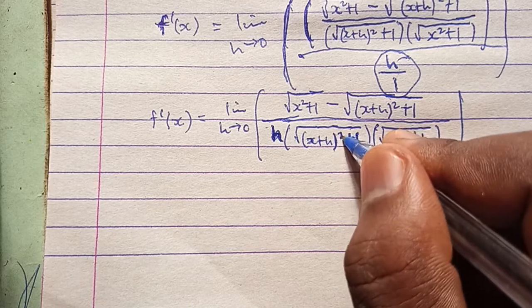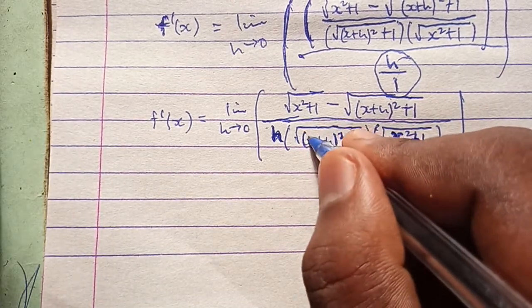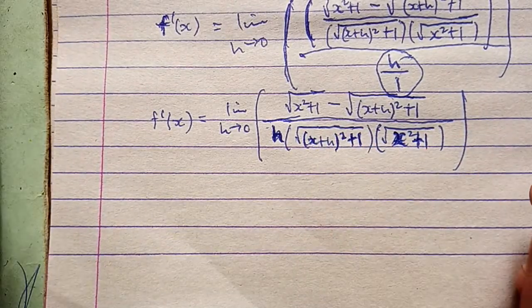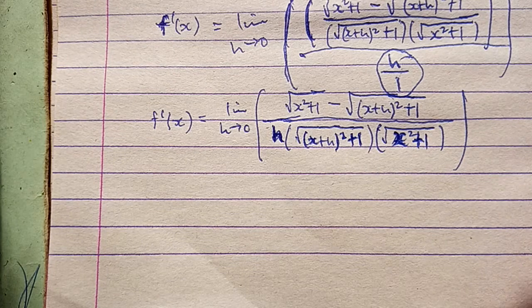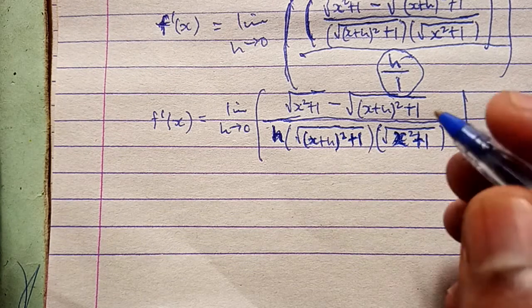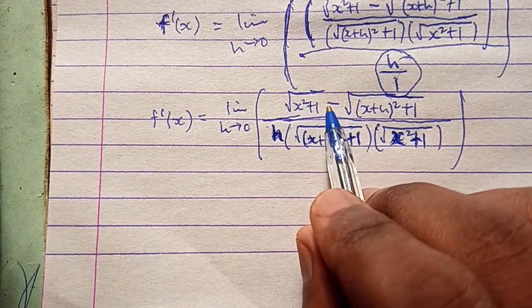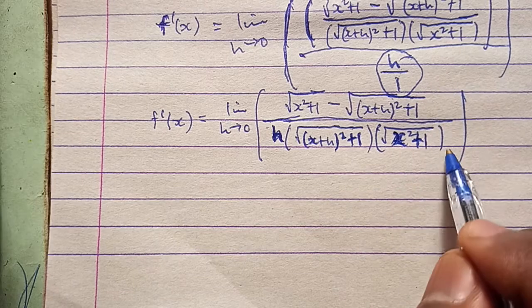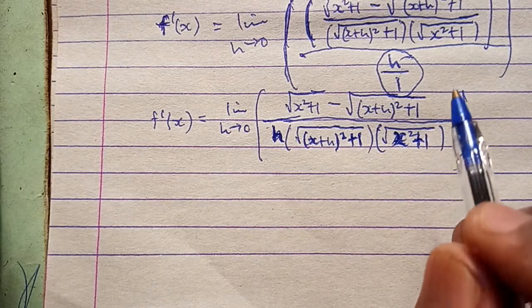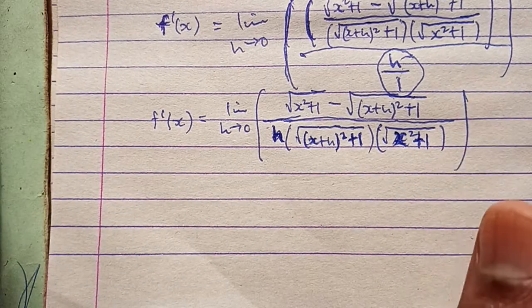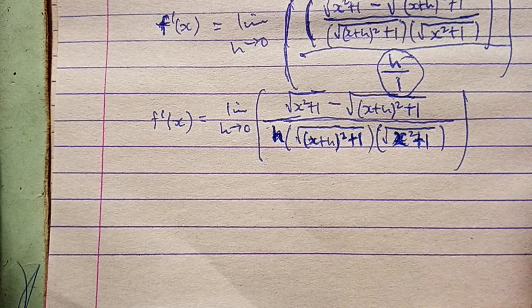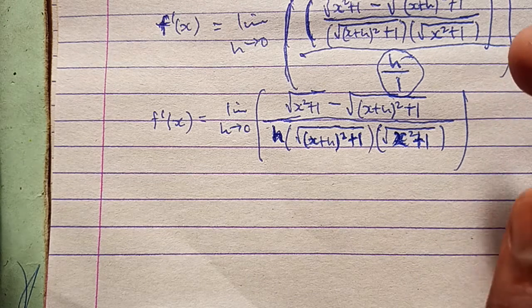So conjugate is always associated with addition or subtraction of radical functions or numbers. So what we will do is quickly find the conjugate of this one and multiply by both the numerator and the denominator. I'm sorry that I couldn't explain to you at the first part why we are doing so and why we always multiply it by.